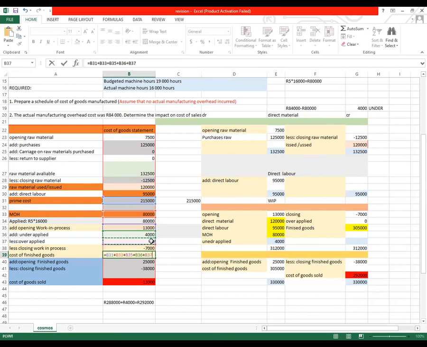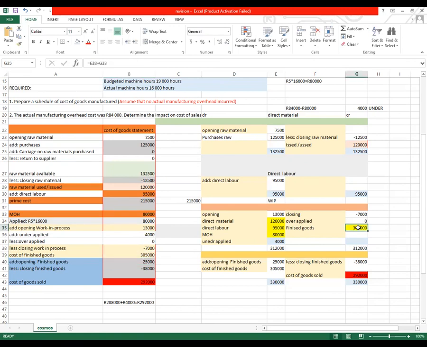Plus 0, less closing WIP. We get 305. You see, this amount is the same as this one. Because we did the calculation, it automatically adjusts. We got the same thing using different formulas.